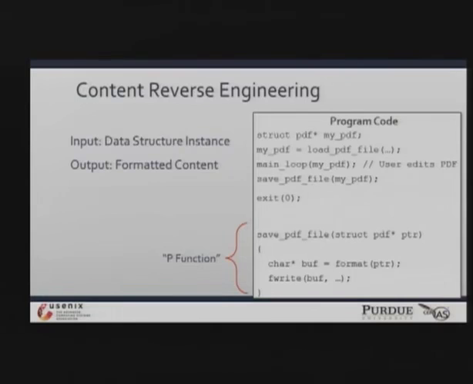And then the save PDF file function is invoked in order to take that in-memory data structure, process it, format it, and output it to a PDF file. And you can note that we've illustrated the P function here inside of this application as that save PDF file function. It does just what we said.